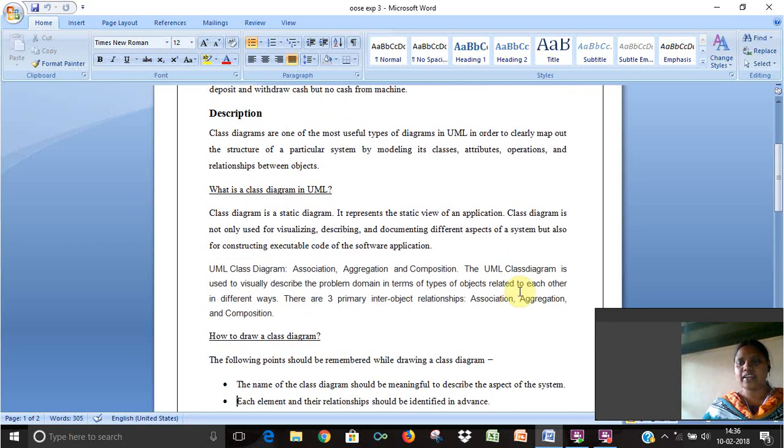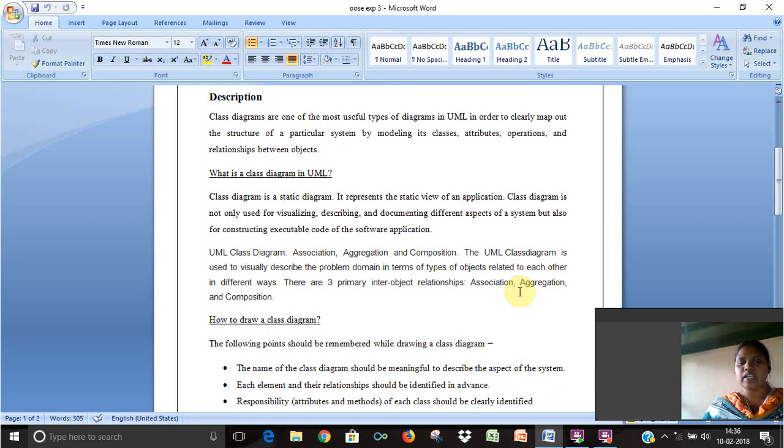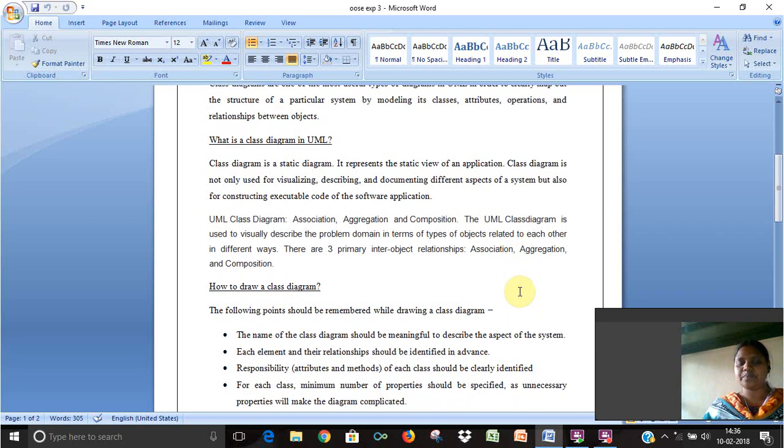How to draw a class diagram? We will follow some points. First, find out the name of the class diagram that may be meaningful to describe the aspect of the system. Each element and their relationships should be identified in advance. The responsibility of each class should be clearly identified.